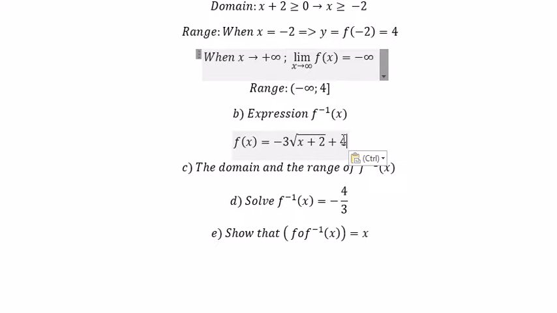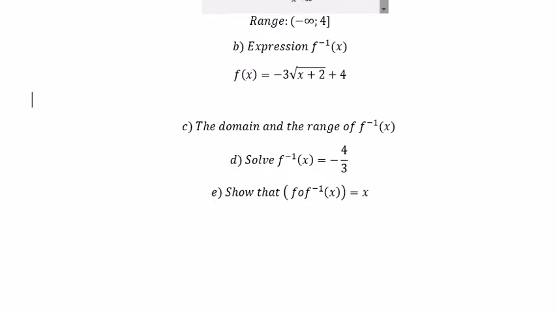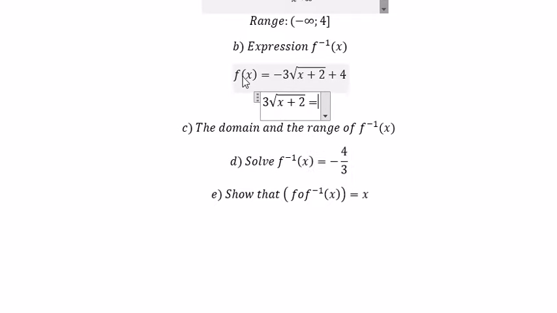So we put this one on the left, and we put negative in here.